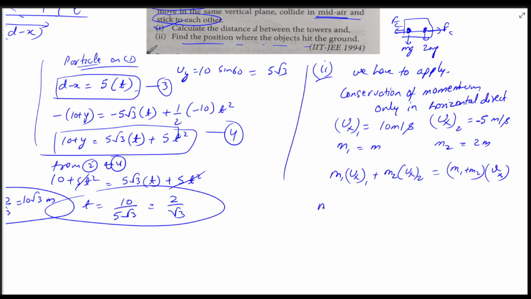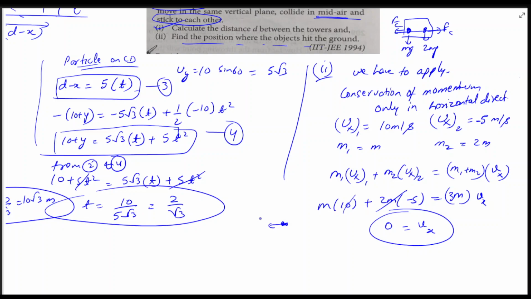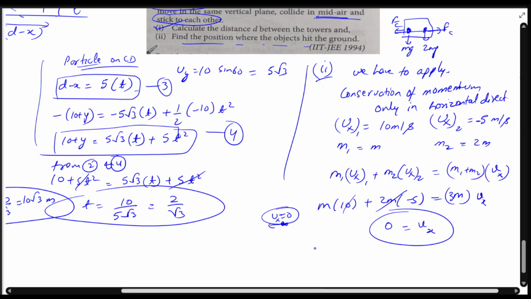So this will be m into 10 plus 2m into minus 5 equals 3m into Vx. So we will have 0. So Vx will be 0. Means when they collide, their horizontal velocity will be 0, right? Are you getting me? So they will not have any horizontal velocity.